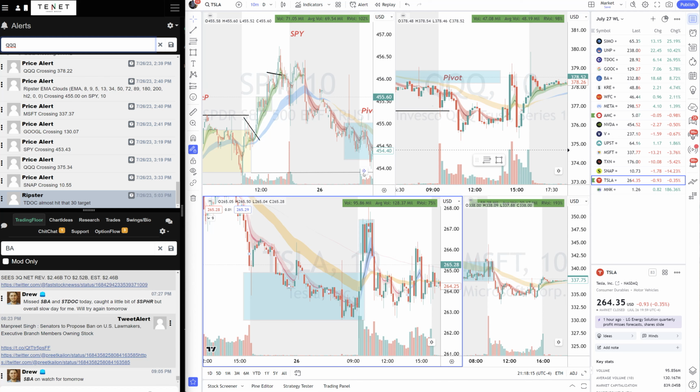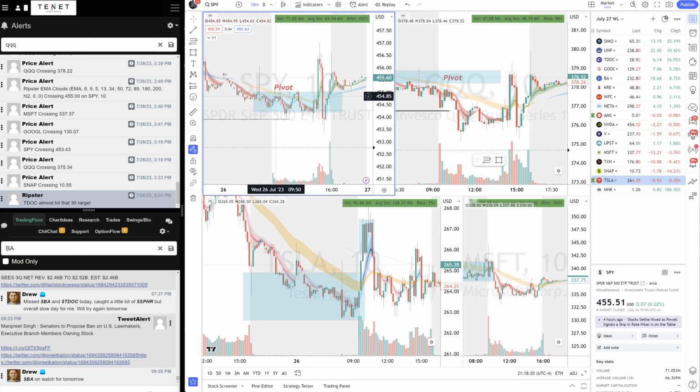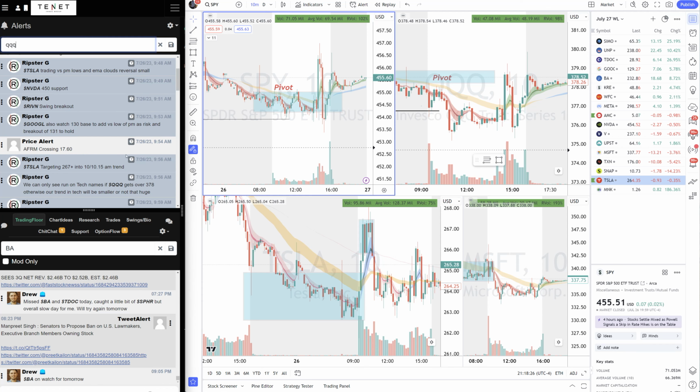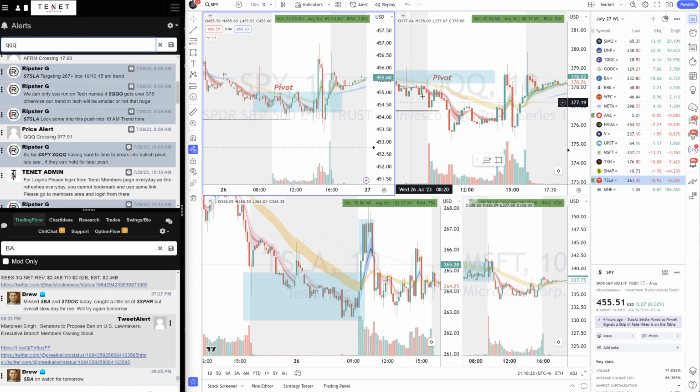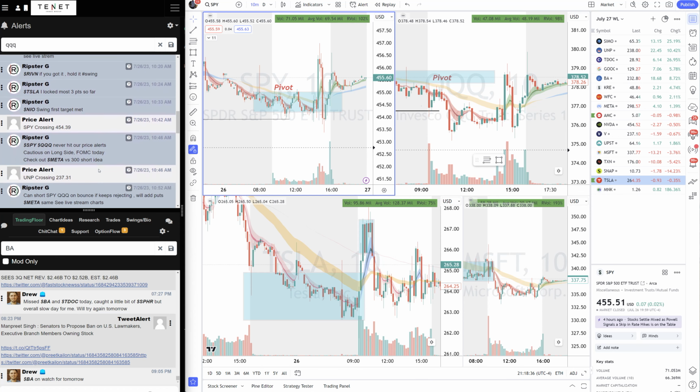This was rejecting here, SPY and QQQ were rejecting here. So I had given strict warnings that no long unless confirmed. Hard time to break into a bullish pivot, right? So never hit our price alerts, cautious on the long side.